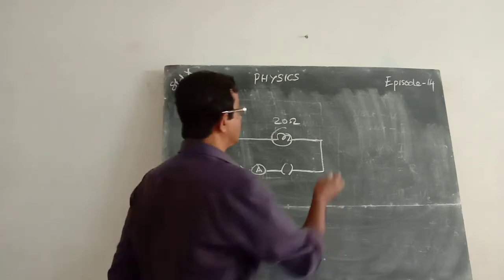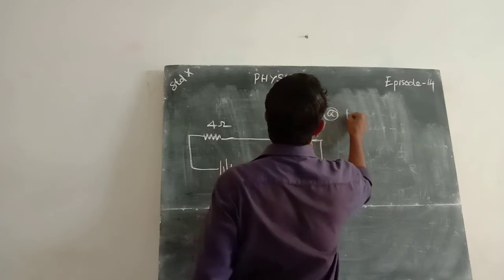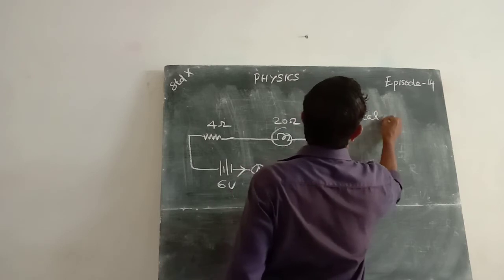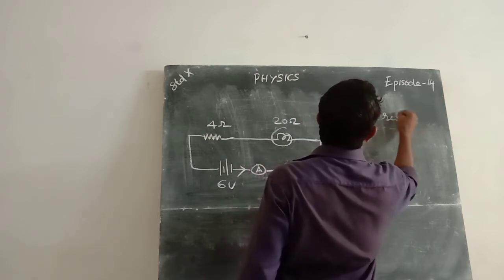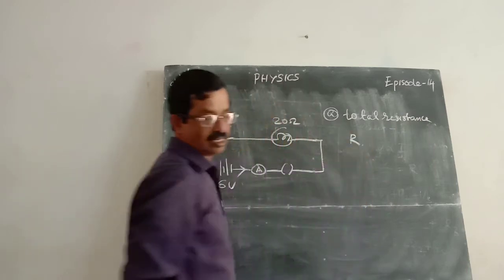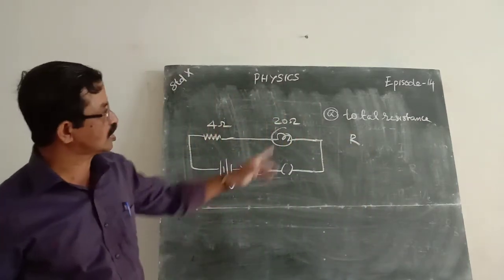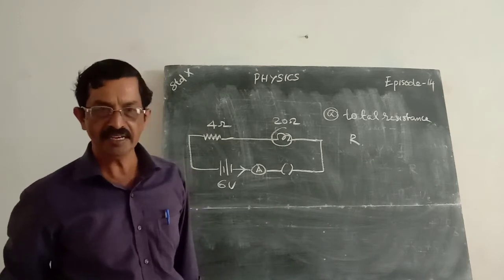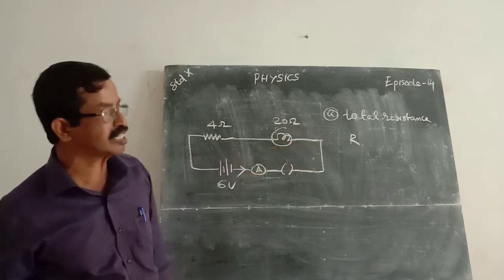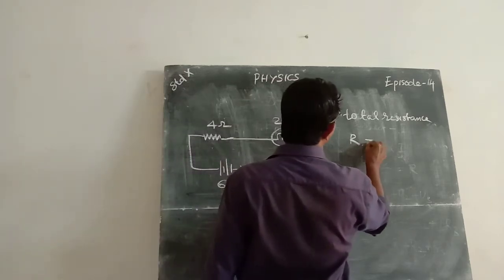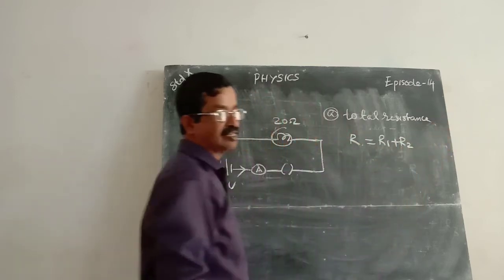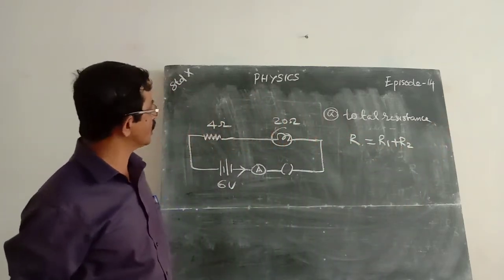What do you want to calculate? A total resistance. First of all, you want to calculate the total resistance, that is R. We know when the resistors are connected in series, effective resistance or total resistance is given by R is equal to R1 plus R2 plus R3 etc. Here, how many resistors?